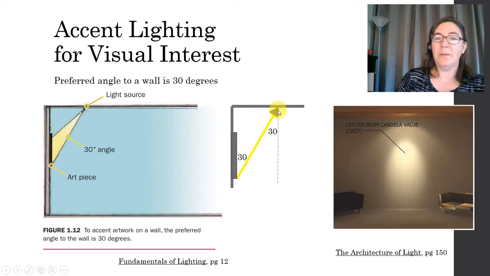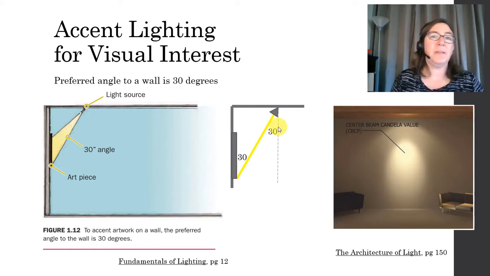You've got a luminaire right here, or a light source, and it is directed at the wall and at this piece of art. And you can measure that 30-degree angle right here, or you can measure the aim angle right here of your luminaire.